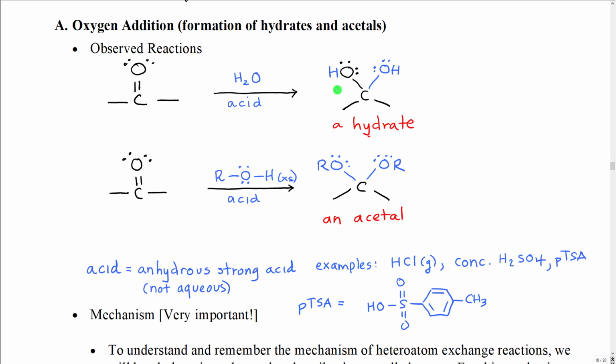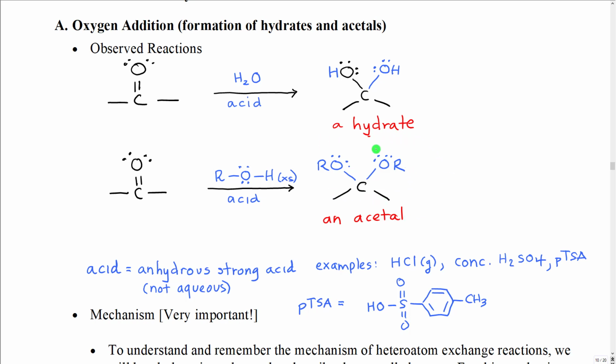We call this a hydrate, and this turns out to play a very important role in biological chemistry and also in practical chemistry. Even more important is the reaction where a carbonyl absorbs two molecules of alcohol, so ROH. Again, this requires acid, and we'll discuss what the acids are down below.